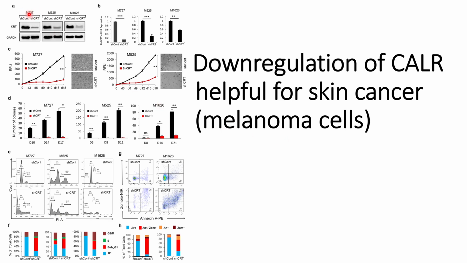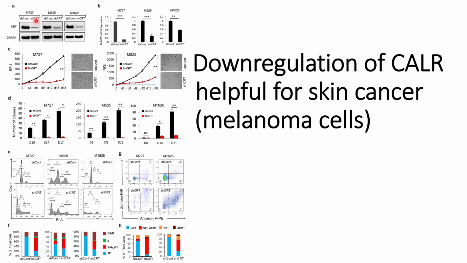There are three different kinds of melanoma cells used for these experiments. These are M727, M525, M1626, and this SH count is known as short hairpin control and short hairpin calreticulum.